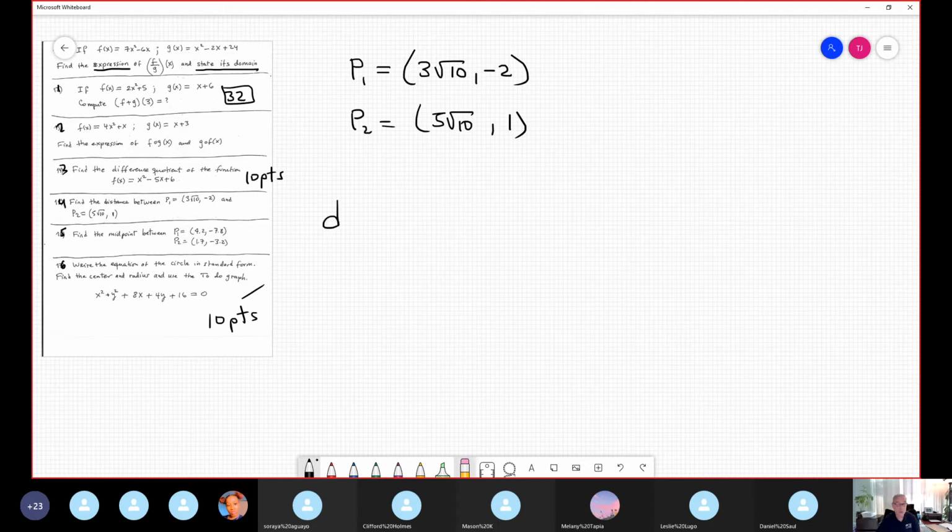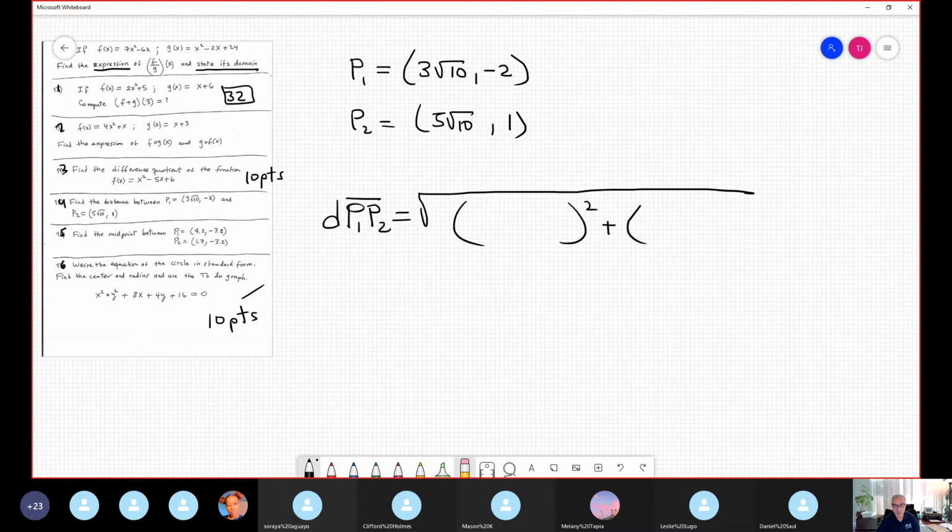So I put the distance formula. Distance P1P2 segment is equal to a big square root, square plus square inside, and you subtract x2 minus x1 and y2 minus y1. Who is x2, y2, x1, y1? Well, I suppose that x1 is this, y1 is this, x2 is this, and y2 is this.